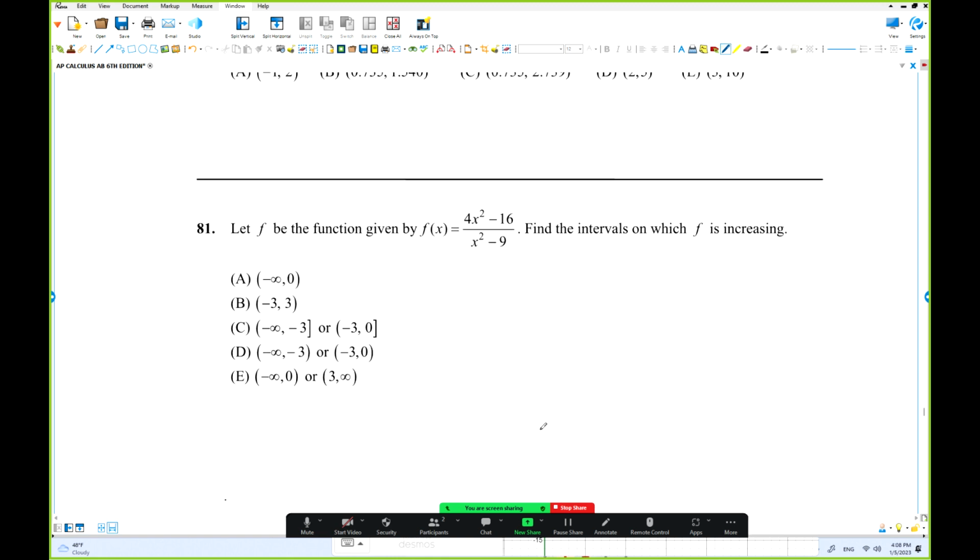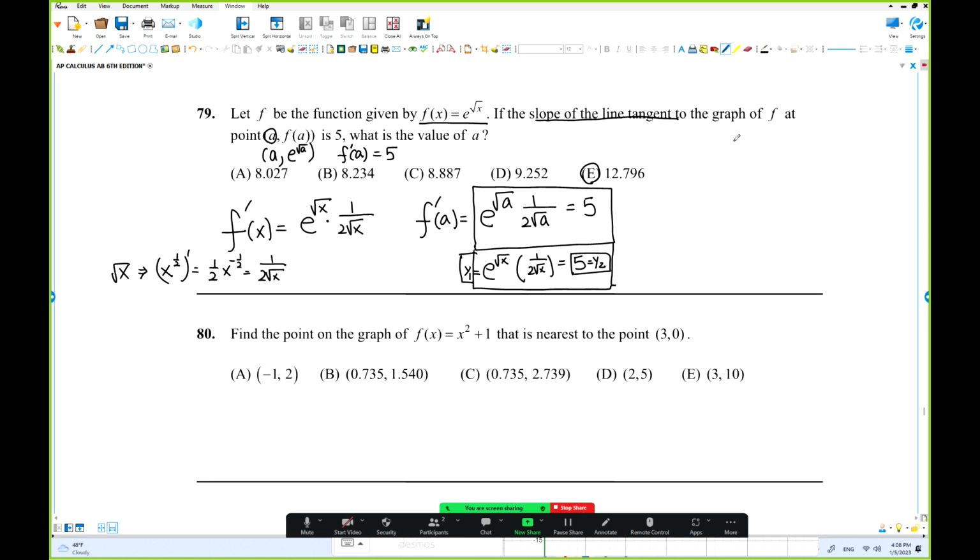So this one looks like this graph, all the way down, this point, 12.796. When you make a tangent line, the slope of this line is 5. So at this point, that is the value of A.